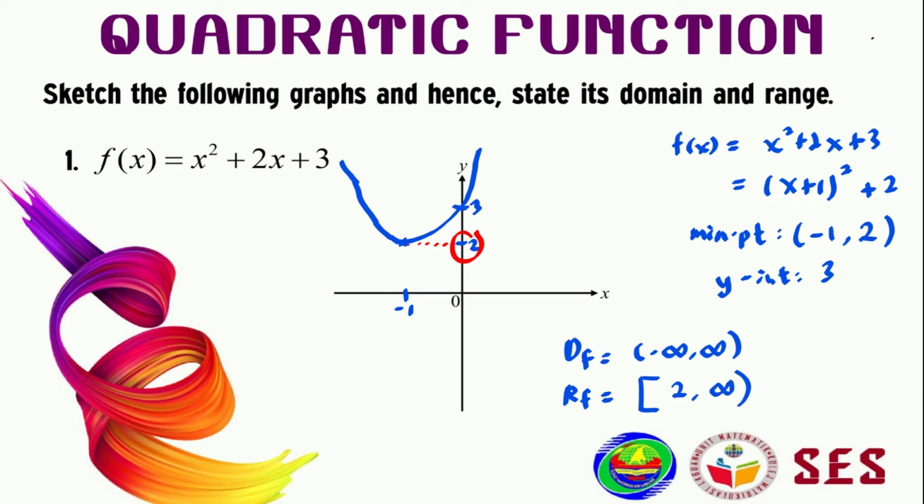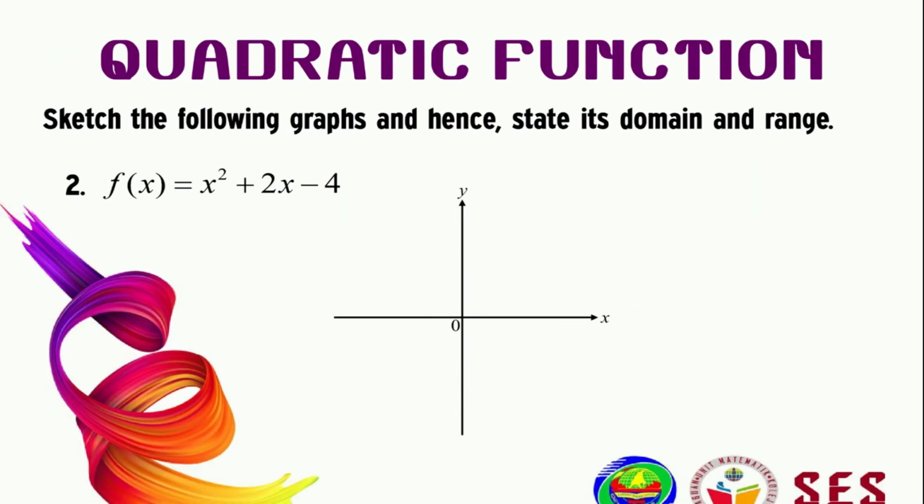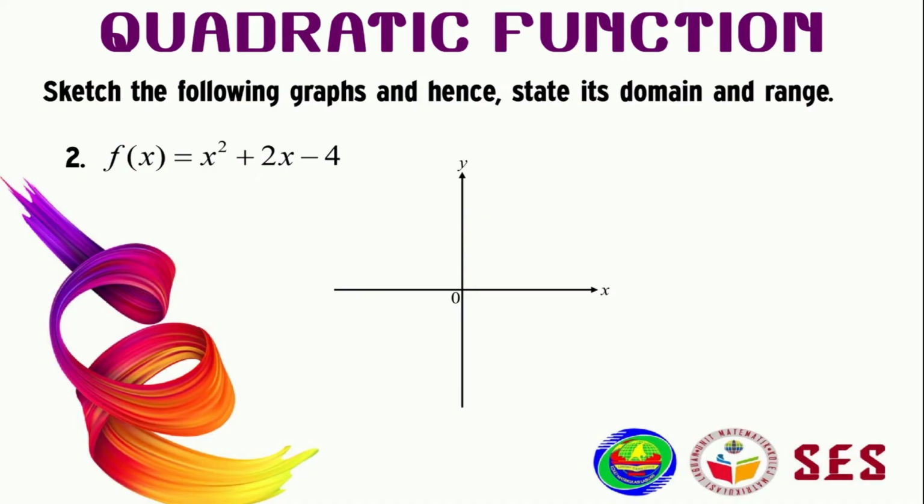Let us consider question number 2. Sketch the following graph and hence state its domain and range. We have f(x) equals x squared plus 2x minus 4, which after completing the square can be written as (x plus 1) squared minus 5.